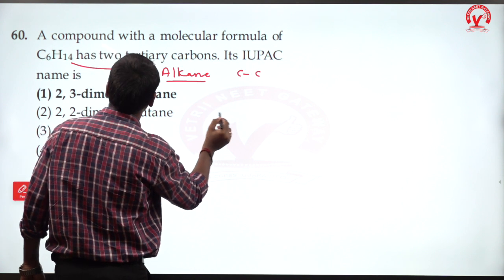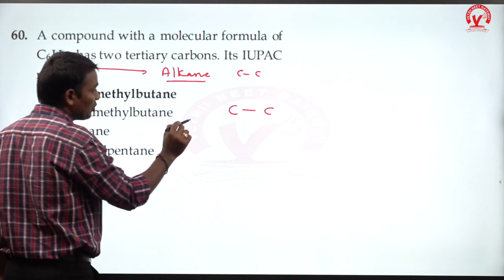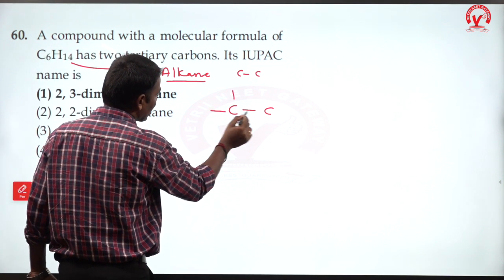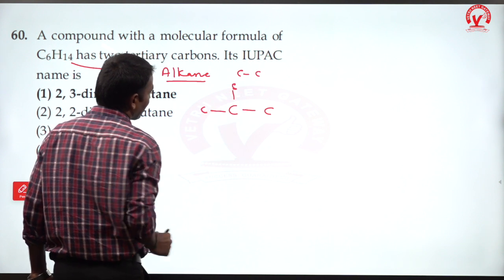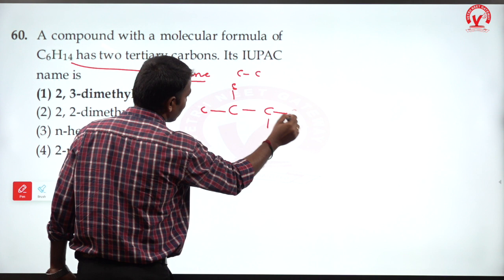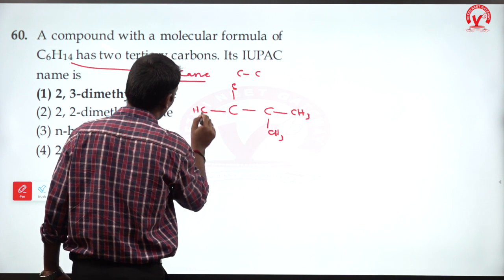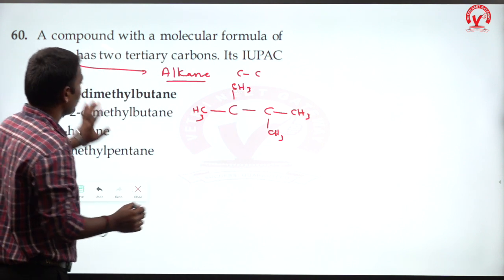They are saying two tertiary carbons, that means a carbon attached with three more carbons is a tertiary carbon, right? This carbon is attached with three more carbons. These two are the tertiary carbons.